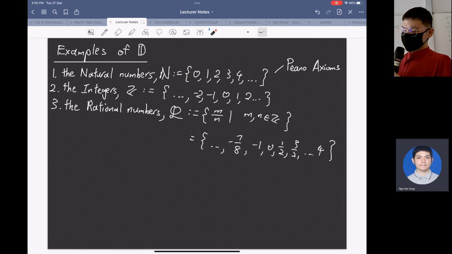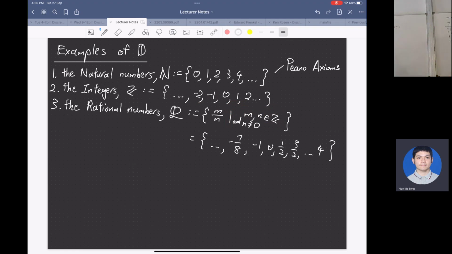If you see this slash, it usually gives the condition on this guy. So when I talk about this, I have to tell you what m and n are. So m and n have to live in Z, and n cannot be 0, because dividing by 0 gives you something undefined. It's another story.